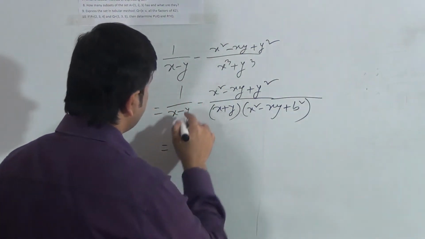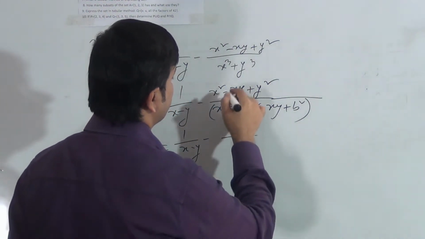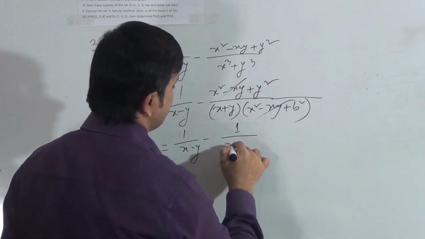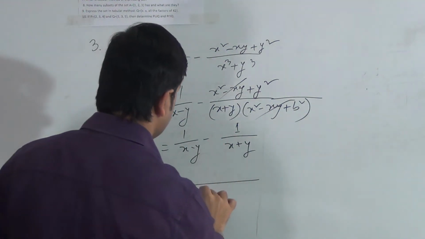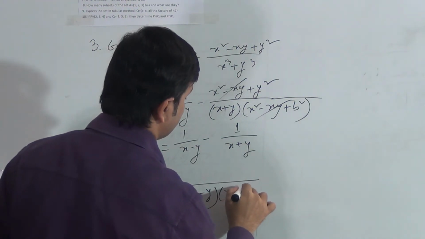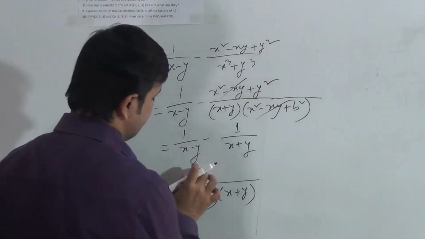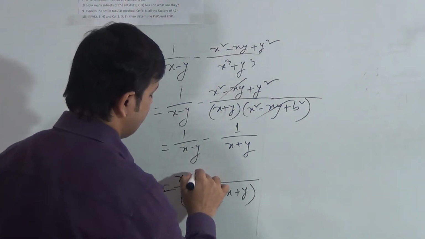So we can simplify now: x minus y minus, we can cut this, we will get 1 over x plus y. Now if we calculate, we will get x minus y and x plus y. This is the LCM of these two. Now if we divide by x minus y, we will get x plus y, and multiply by 1, we will get x plus y.